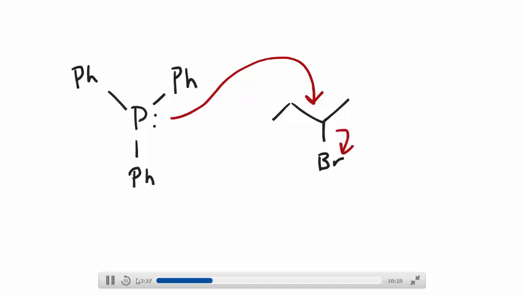But you will have the phosphorus come in from behind and kick out your leaving group, which will make an alkyl triphenyl phosphonium halide complex. So you still have the backbone that you had previously, but instead of having the halogen here, we have the phosphorus.